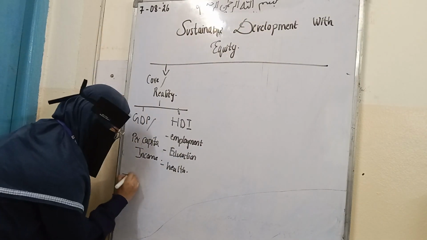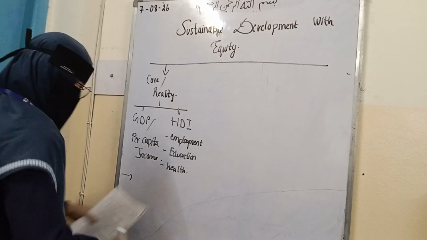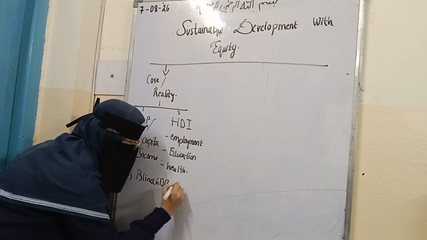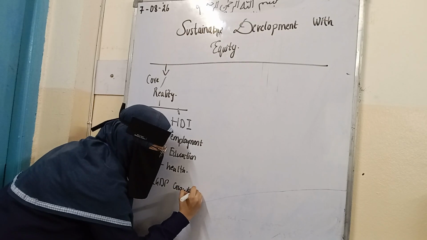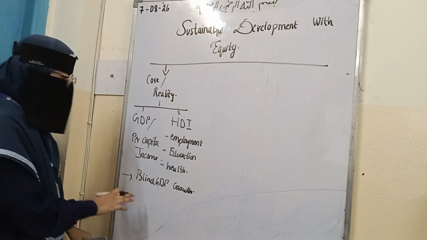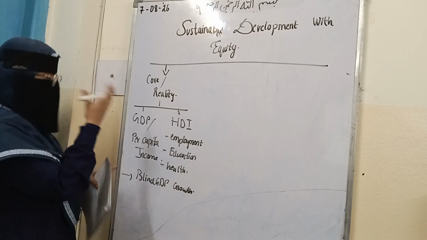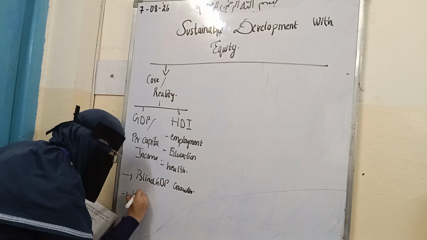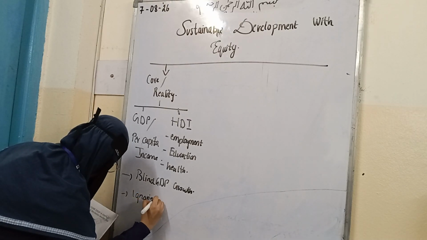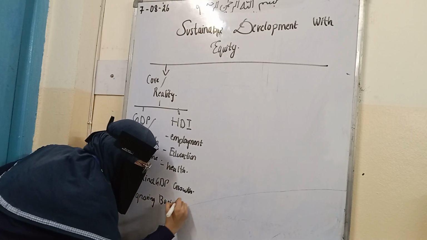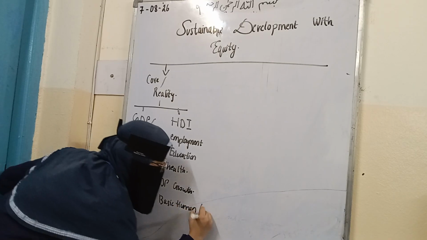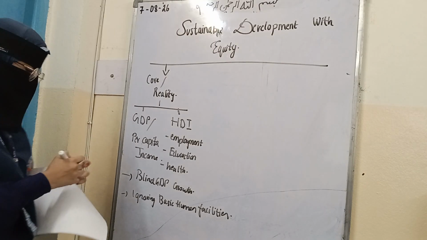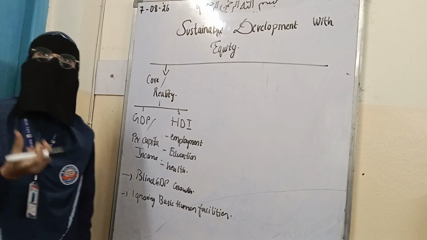Now what is happening here is the development factor. First, blind GDP growth. In our country, GDP is increasing blindly. Means we are neglecting HDI and just focusing on GDP and it is growing day by day. Next, we are ignoring basic human facilities. Now, what does a person need?